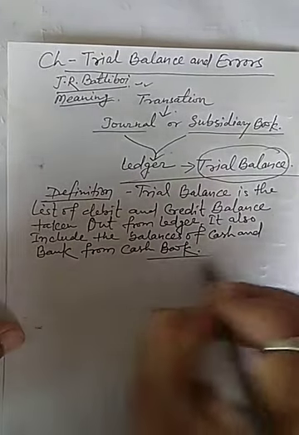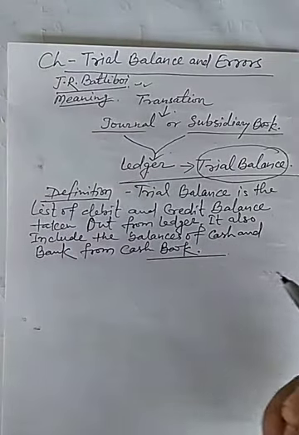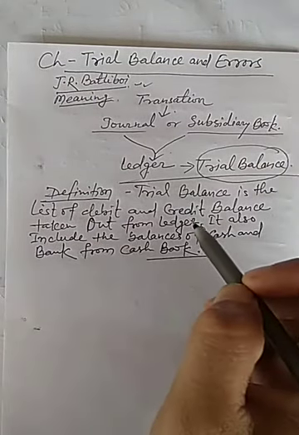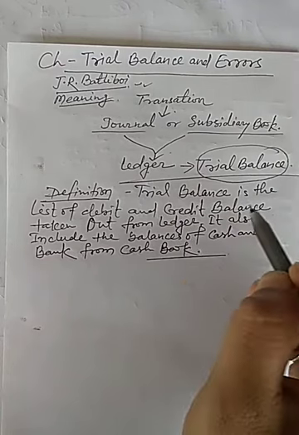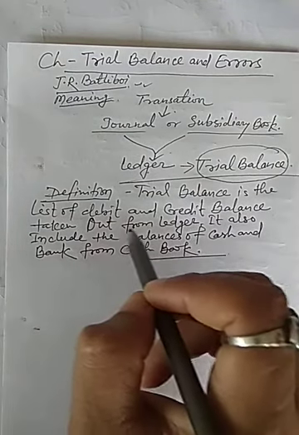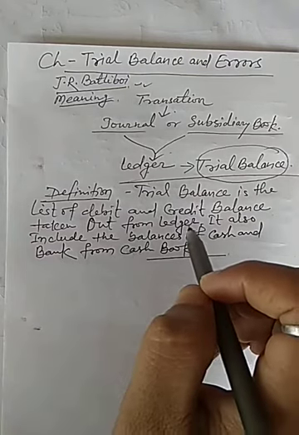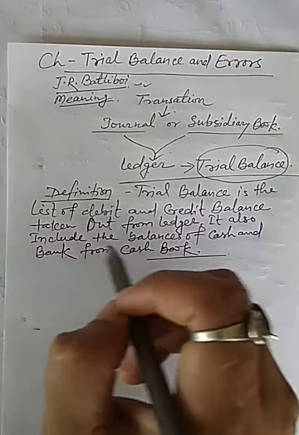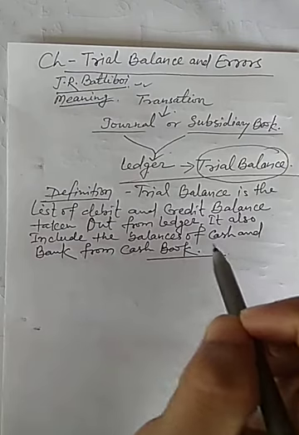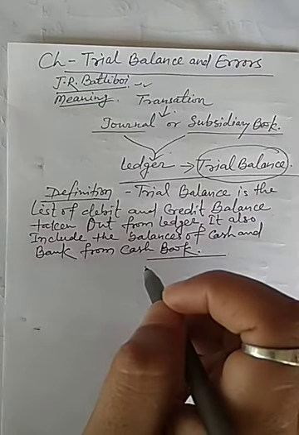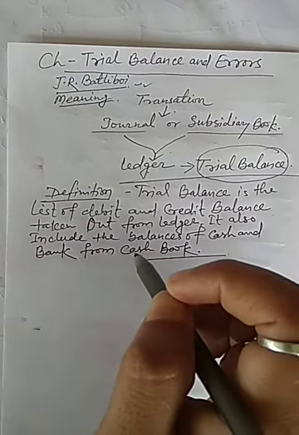So this is the definition of trial balance. I again repeat. Trial balance is the list of debit and credit balance taken out from ledger. It also includes the balances of cash and bank from cash book.